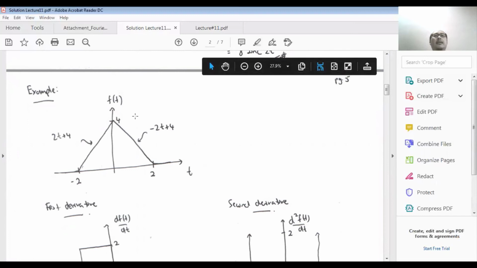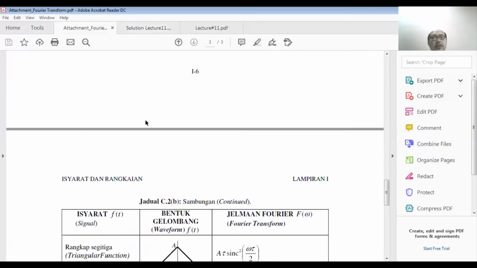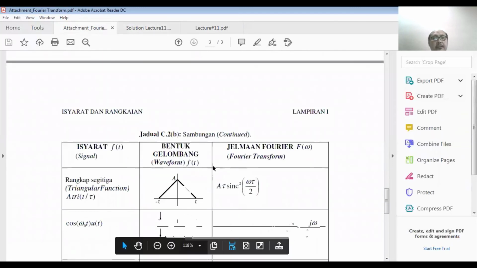Okay, which means that if we refer to this table, we can use this triangular function to find its Fourier transform.